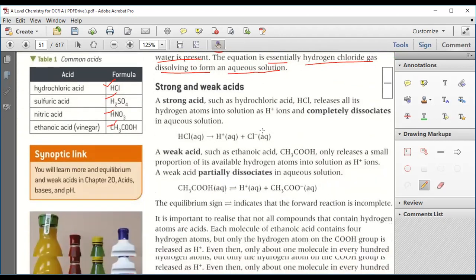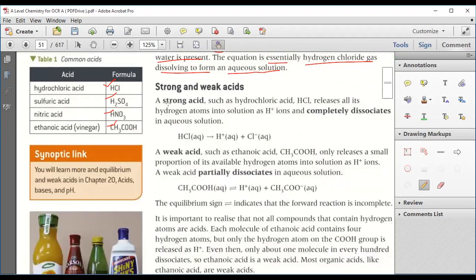Clear? Strong acids such as HCl release all their hydrogen atoms into solution as H positive ion and dissociate completely in aqueous solution. HCl aqueous gives you H positive and Cl negative. This is a strong acid, which dissociates completely.